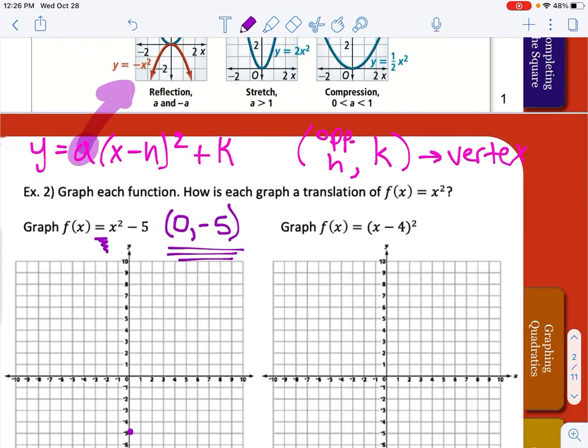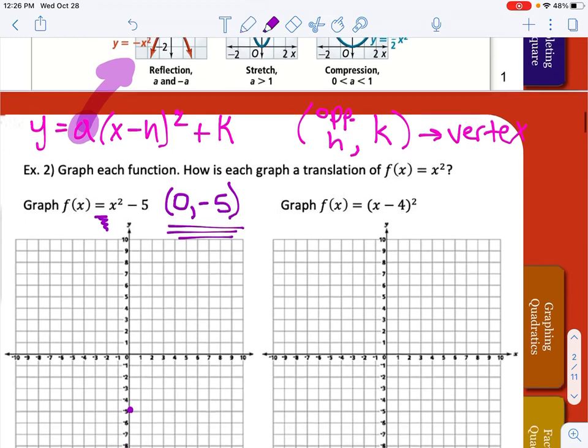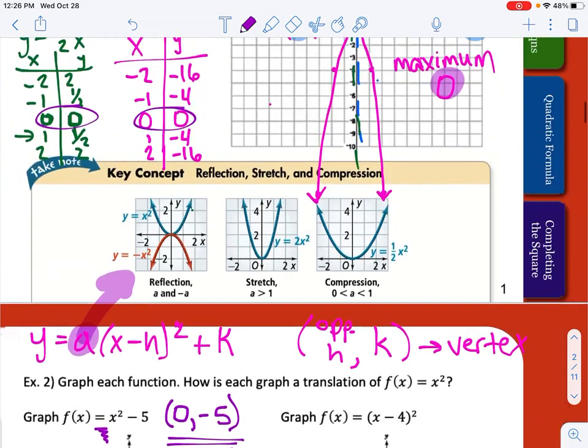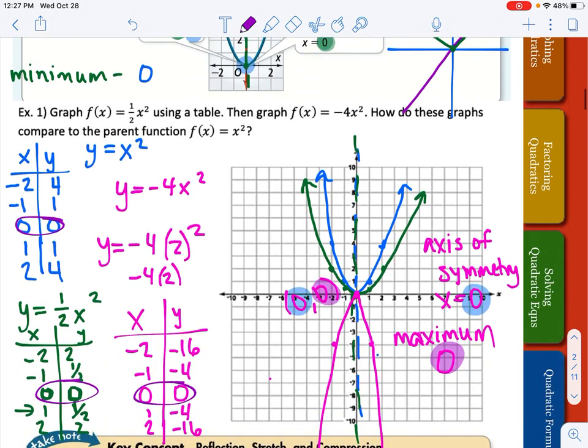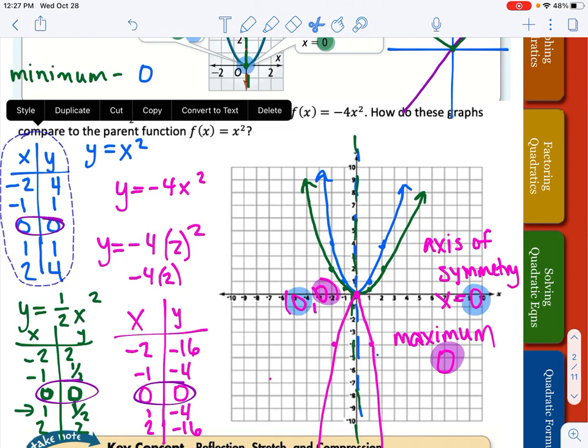But because there is not an a value, we can just go ahead and pretend that this is our new origin, and then graph the parent function x squared from there. You could also do a table on this, but you don't have to. So I had written out the graph of the table of the parent function.